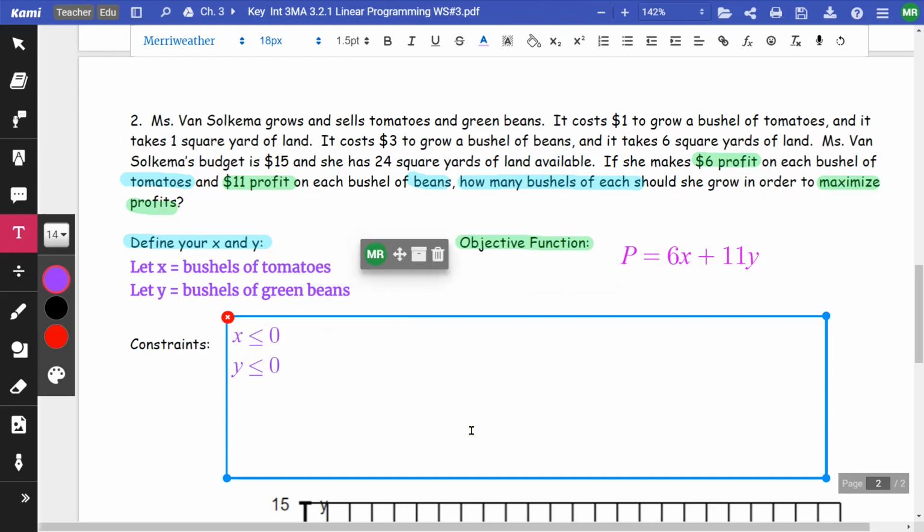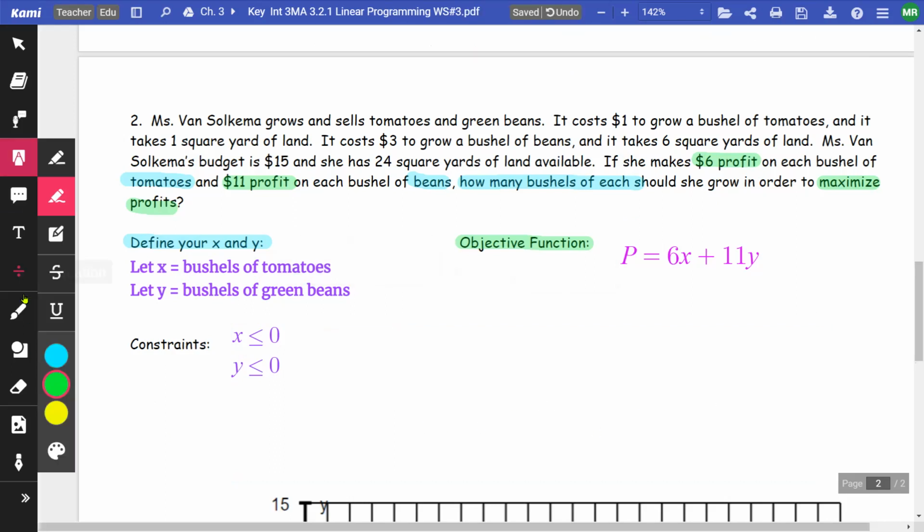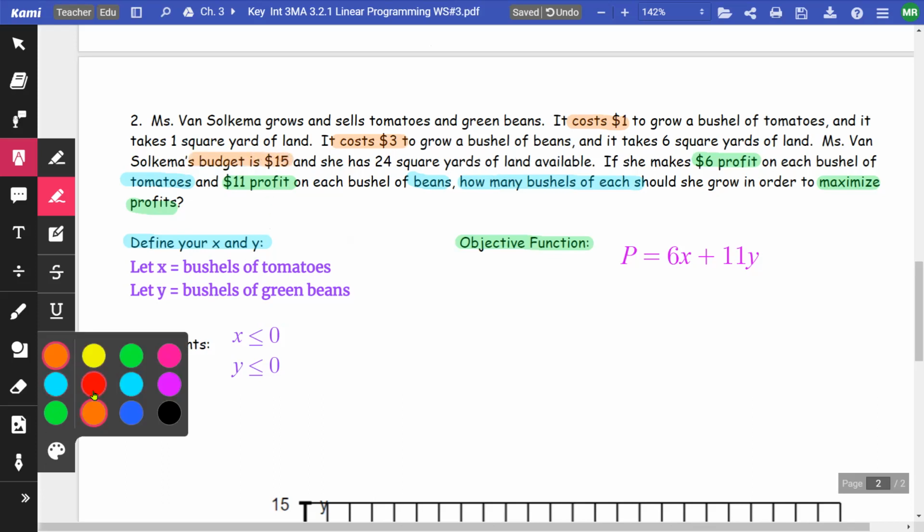Then we have some other constraints that we need to look at. So one of the constraints is it looks like we have some costs. It costs $1 to grow a bushel of tomatoes. It costs $3 to grow the green beans, but she only has $15. So she can't grow tons. Then we also have land, 1 square yard of land for the tomatoes, 6 square yards of land for the green beans, but we only have 24 square yards of land available.